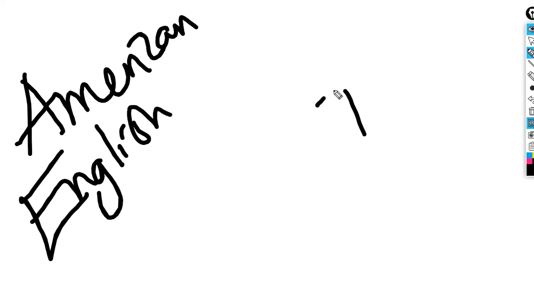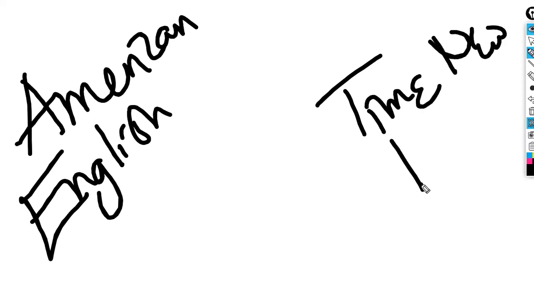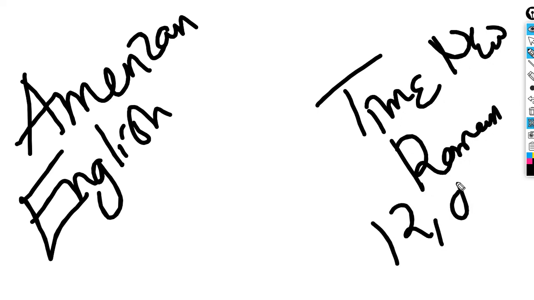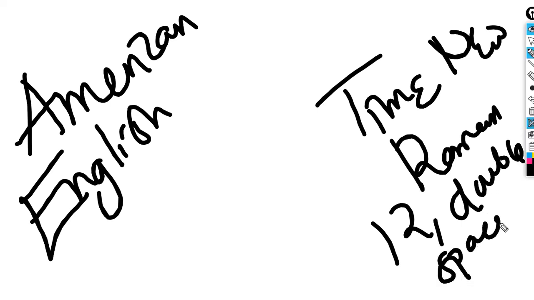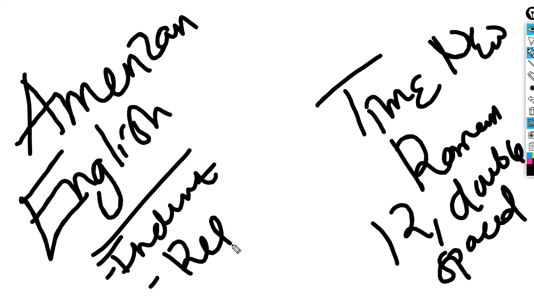And please use Times New Roman, size 12, double spaced, unless stated otherwise. Be sure that your paragraphs have an indent, okay? And the references are on another, different page.